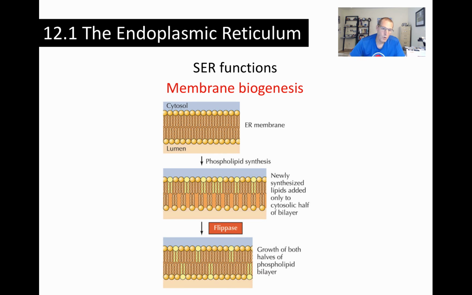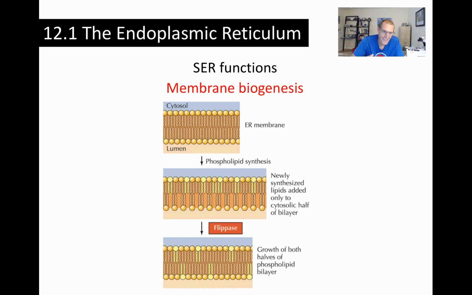Another function for the smooth ER is that in eukaryotic cells, the ER is the primary source of membrane lipid metabolism and regulation in terms of where the lipids go in the cell. There are a few exceptions to that. For example, mitochondria are responsible for producing phosphatidylethanolamine, and chloroplasts generally contain the enzymes for chloroplast-specific lipids.